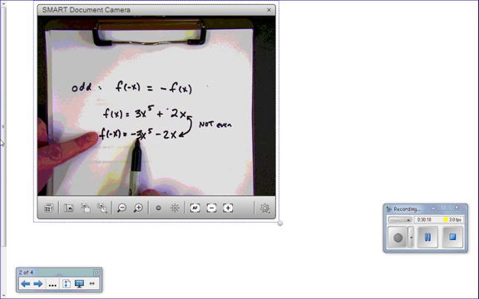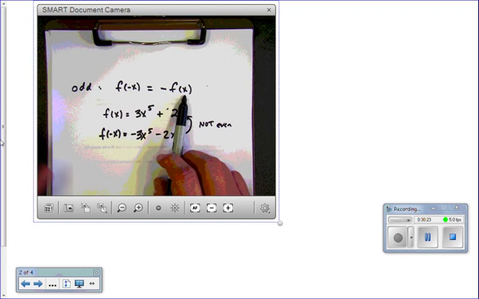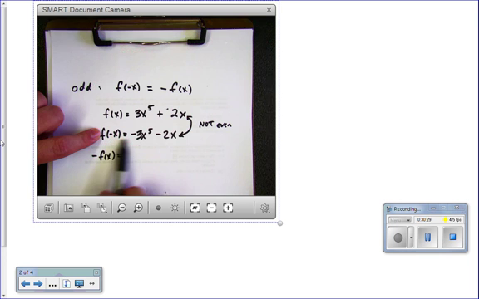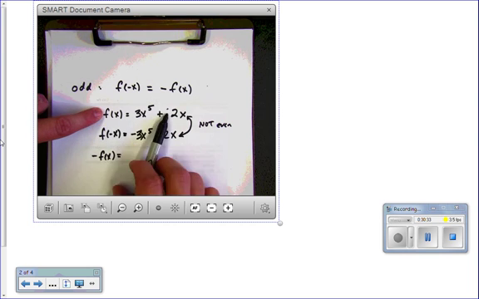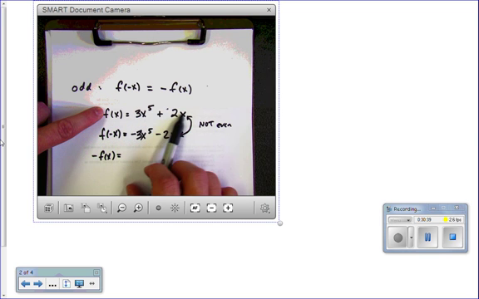Now, this means the opposite of f of x. Okay? So the opposite of f of x means we do this. We're going to take the function now, not f of negative x, but the original function, okay? Not this one, but this one. The opposite of f of x means I'm going to take a negative and basically just change every sign or distribute a negative.